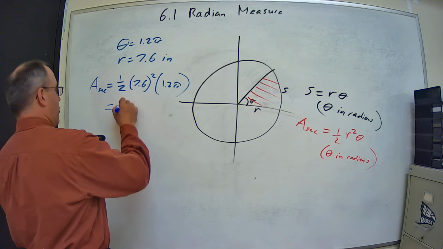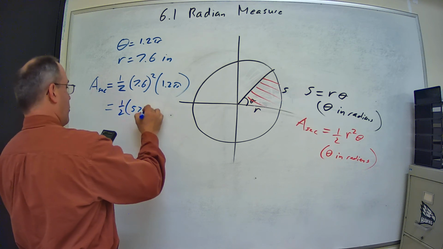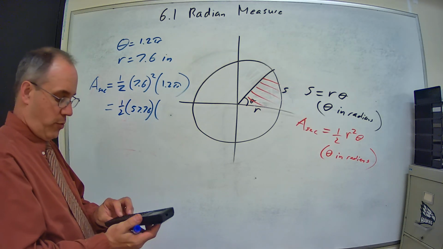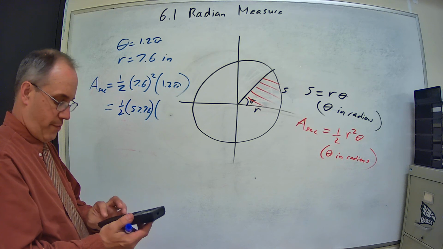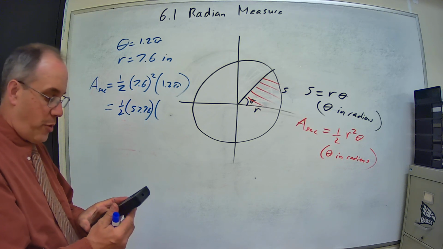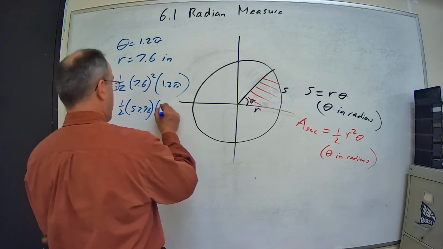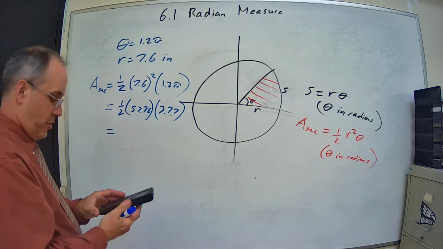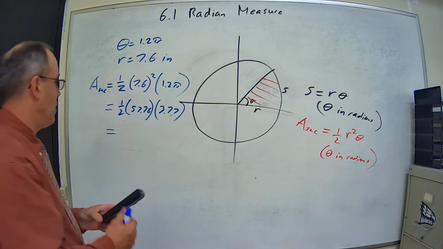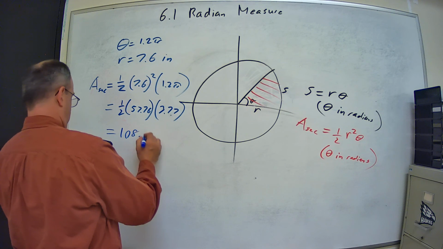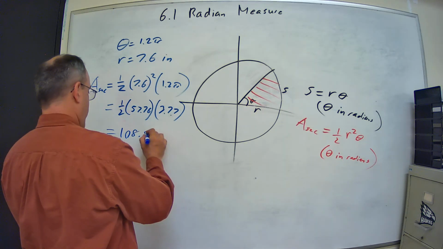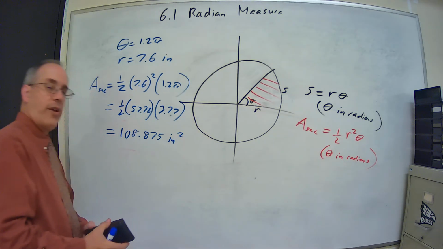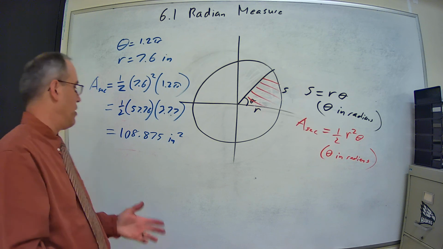So let's make it 1/2 times 57.76 times, and I'm going to find out what 1.2 pi is approximately. 1.2 times pi gives me approximately 3.77. So if I multiply those together, I get 108.875 inches squared. Remember, areas are always in units squared.